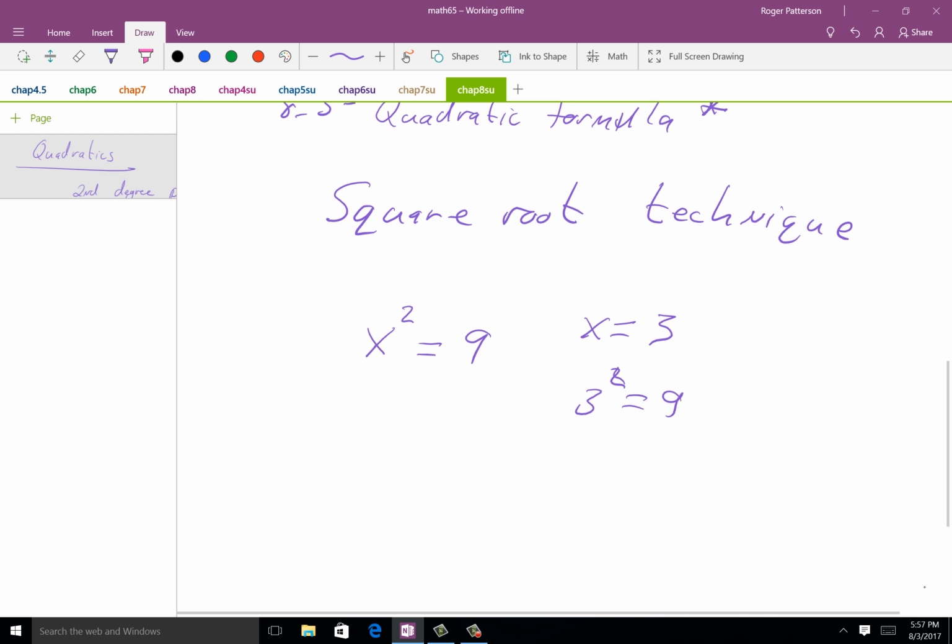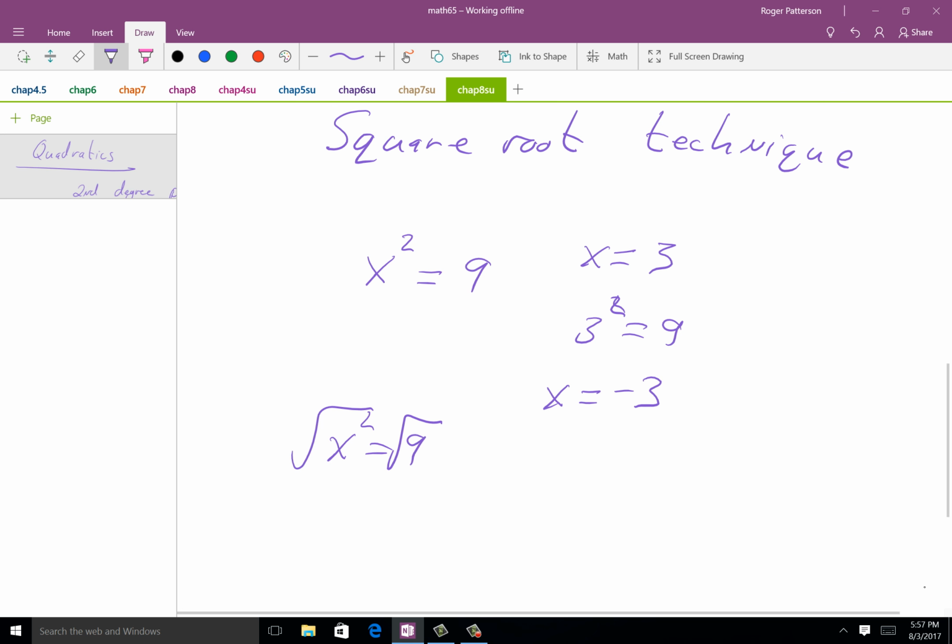But we also talked about how it could be a -3. Remember I said something about a principal square root versus not. So you're going to take this x squared equals 9 and square root both sides, and the square root knocks out the square, so we get x equals the square root of 9. But because it works with a positive and a negative, we're going to put this little plus minus here, and then take the square root of 9 and get 3.